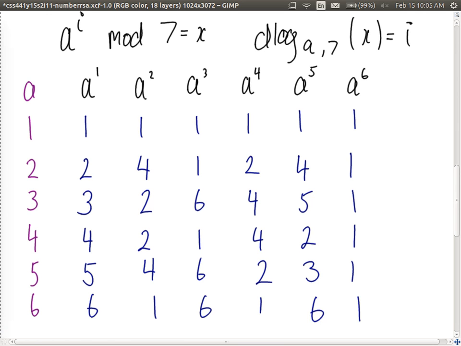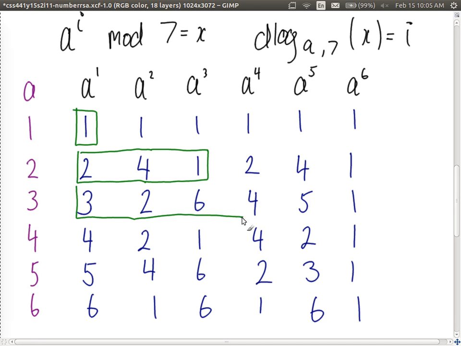There's no repetition. And you should see that in that table. You see the pattern. Some of them repeat. This number repeats. 2, 4, 1. With 3, all of those 6 answers are different.